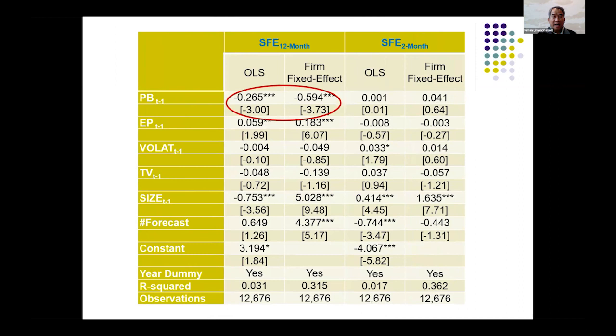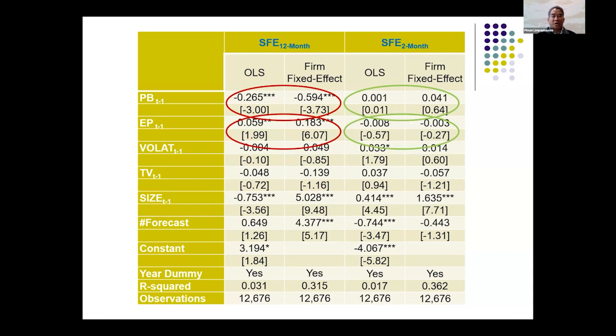For the 12-month forecast errors, you notice there are big, very strong, significant relationships between market sentiment and the forecast error. But here's an interesting part. If you look at a 2-month forecast, which is almost the end of the year, so everyone already has a lot of data, there's no relationship.